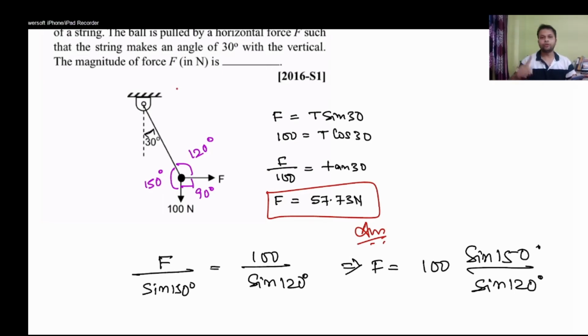Now sine 150 is sine of 180 minus 30, so sine will be retained, which is sine 30. Sine 120 is sine of 90 plus 30, so sine will change into cos, so divide by cos of 30. Ultimately it comes out the same, 100 tan 30, that is 57.7.